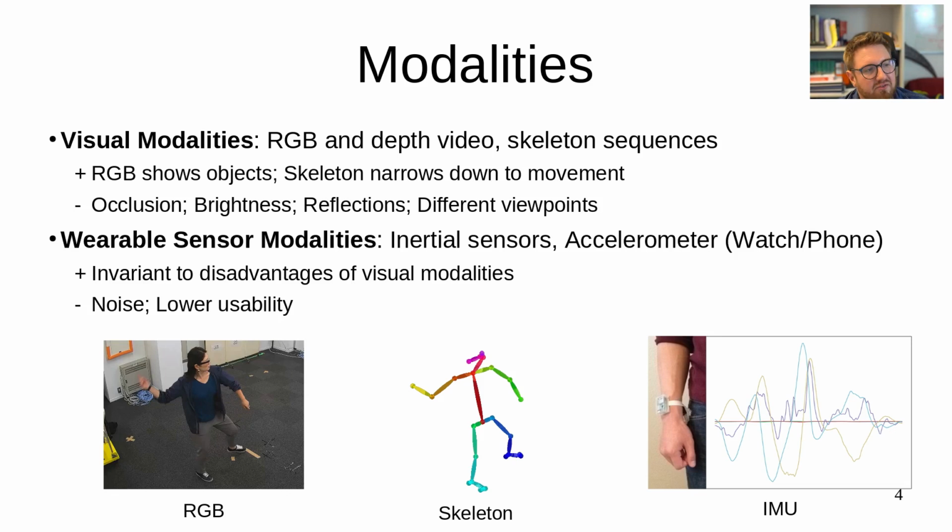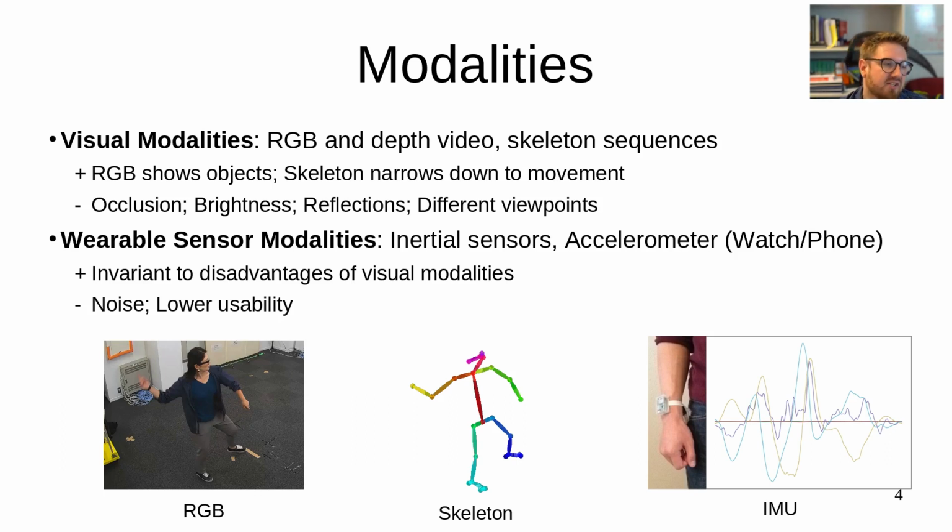The benefit of RGB is that we can also incorporate additional object information or environment information, and the transformation from the RGB sequences to the skeleton sequences narrows down to the movement of the persons in these sequences. When dealing with visual modalities, we usually have the downside of occlusion, brightness, reflections, and different viewpoints, as usual with camera sensors.